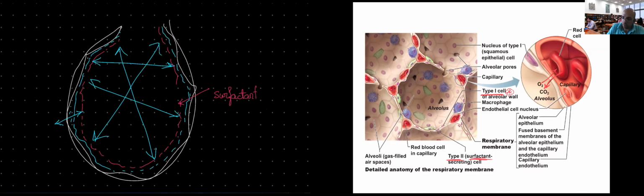The surfactant is going to be released from the type 2 alveolar cells. Surfactant is a detergent-like lipoprotein that will be reducing the surface tension of the water, preventing your lungs from collapsing.